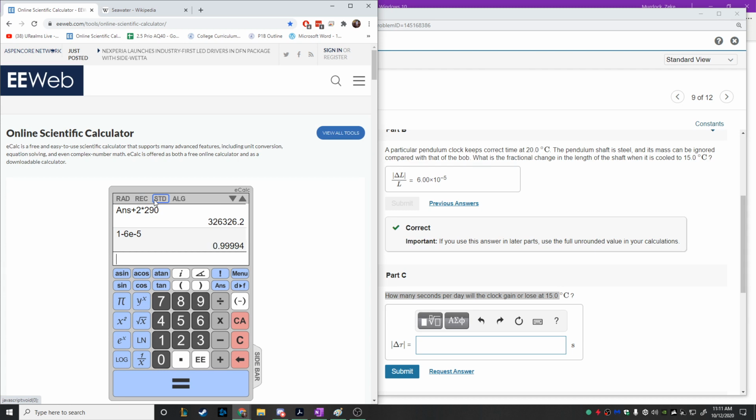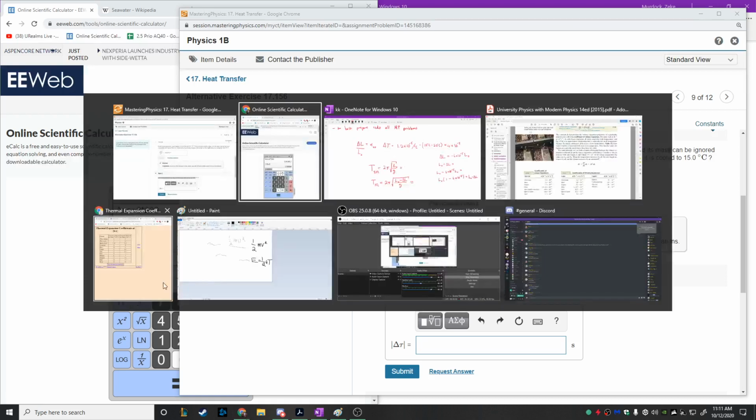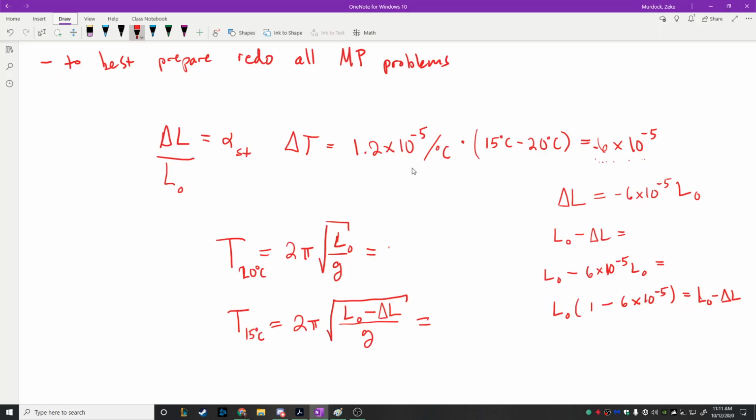Here, let's do standard. So it's that number right there. Okay, all this stuff is junk, right? It's really just this. So this is basically L naught times 0.99994.